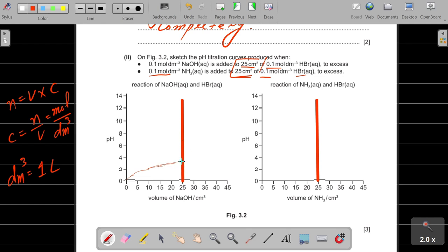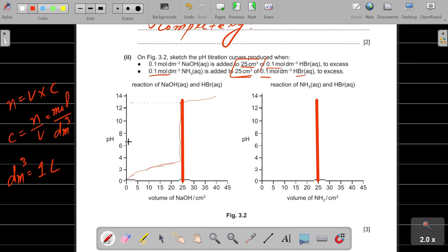So now it is going up, until you bring it here to 12, 13 or 14. I am bringing it up to about 13 and now changing its direction from here. What is the reason? Because it is a strong base and its pH must be around 12, 13 or 14.